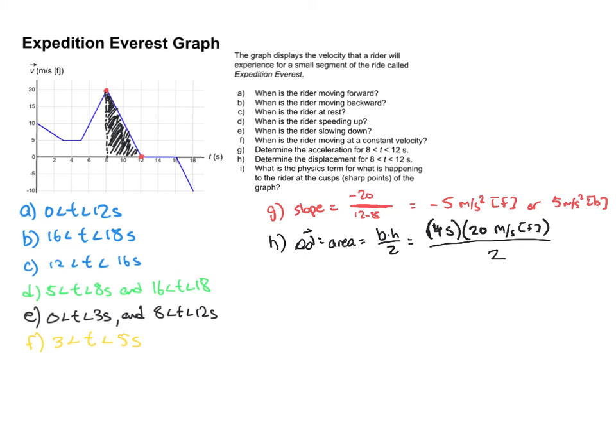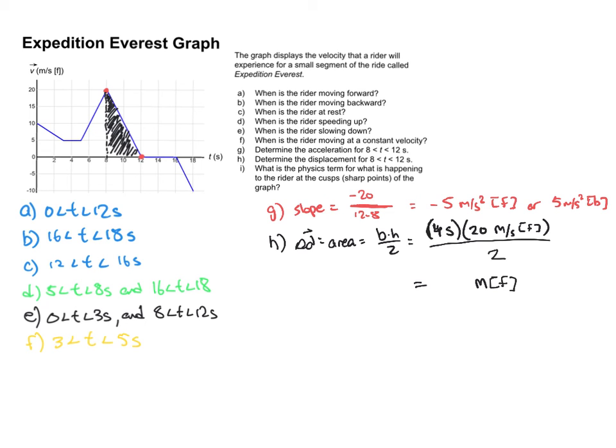So what happens if we just look at the units here, if we multiply seconds by meters per second? Well, then those seconds actually cancel out, leaving you with just meters. So those are going to be the units at the end, which are the units of displacement. And the direction is going to be preserved as forwards.